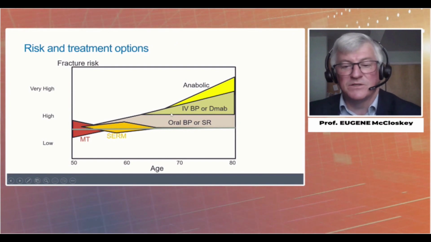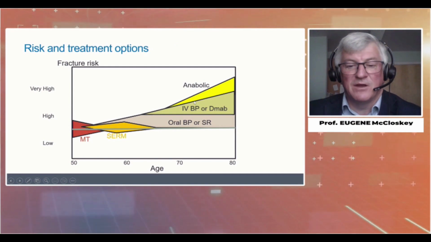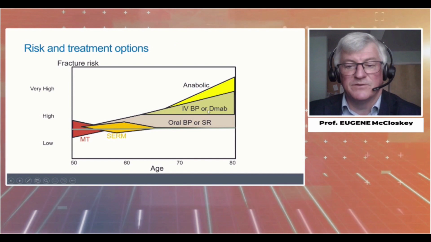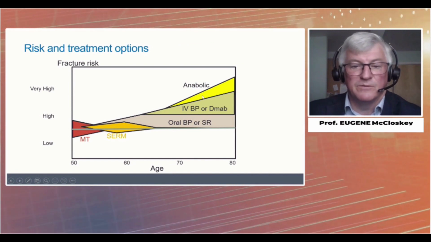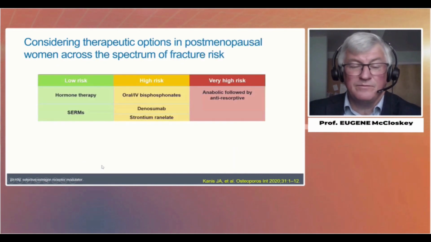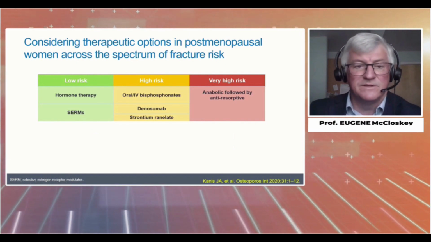Once we start to transition from high risk towards very high risk, then at this time I had the schema device showing intravenous bisphosphonates or denosumab in this region, and then anabolic or bone-forming treatment towards very high risk. And that schema has largely been followed by recent guidance.